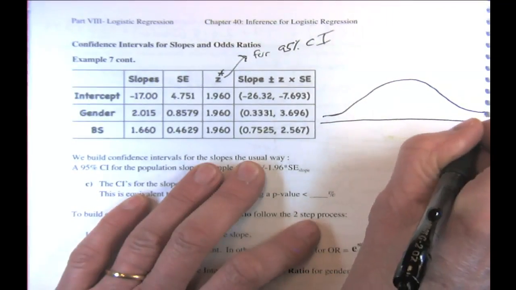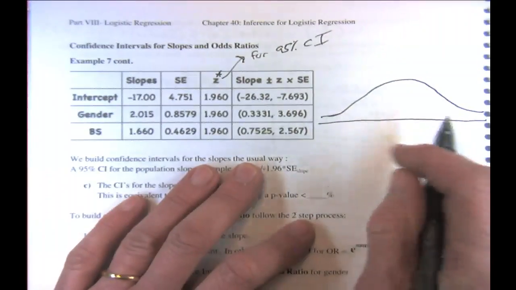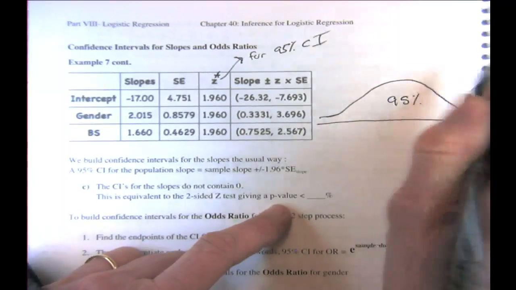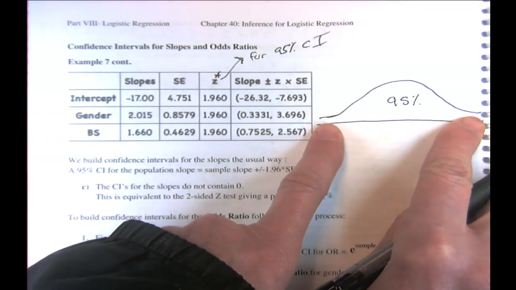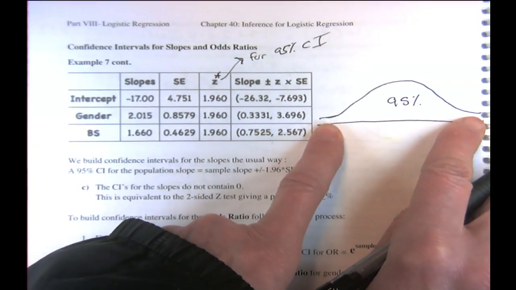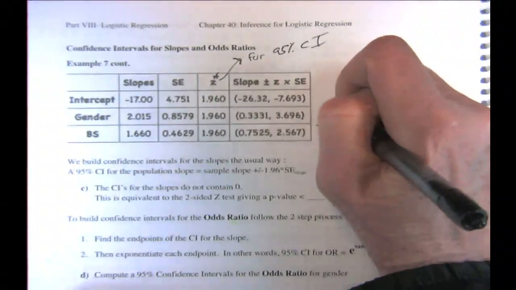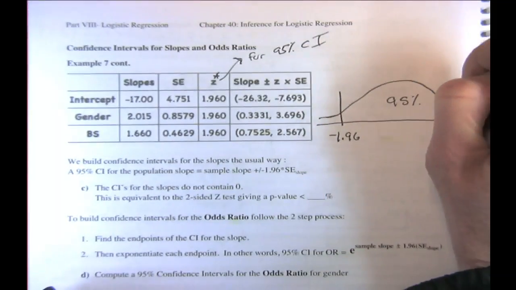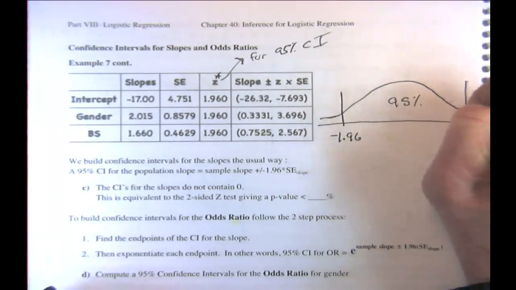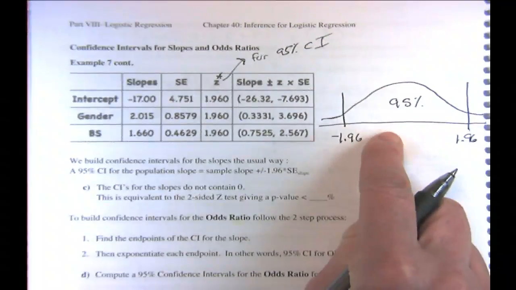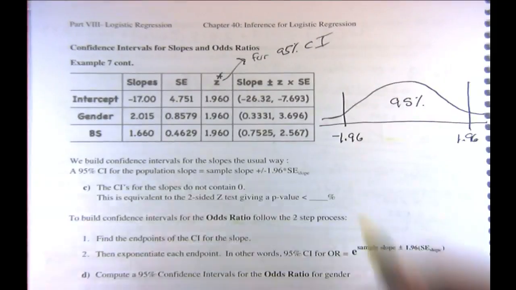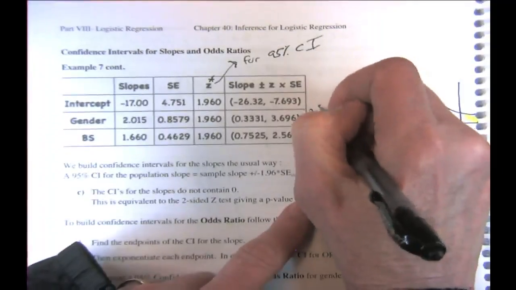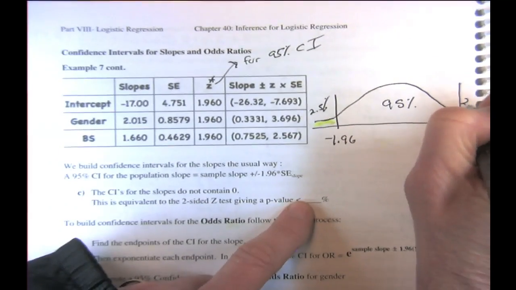All right, so all we're doing is we're saying a 95% confidence interval. So between what two values of Z, between what Z and its opposite, so between negative 1.96 and positive 1.96, 95% of the curve lies. So this right here is 5%: 2.5% on this side, and 2.5% on that side.